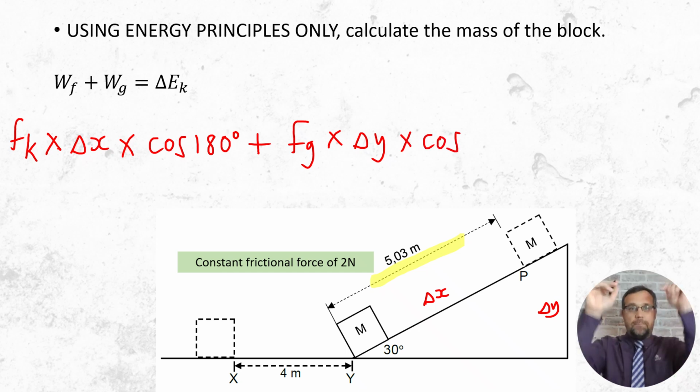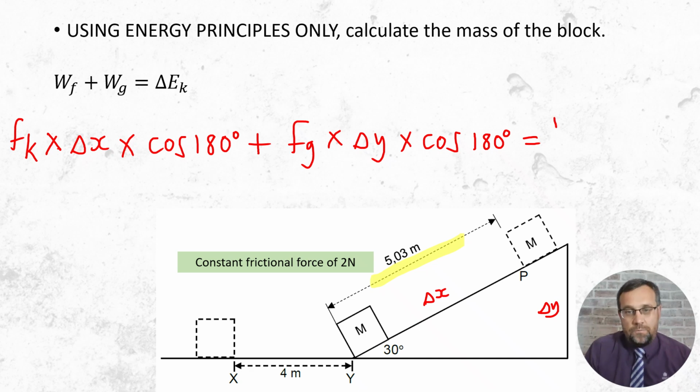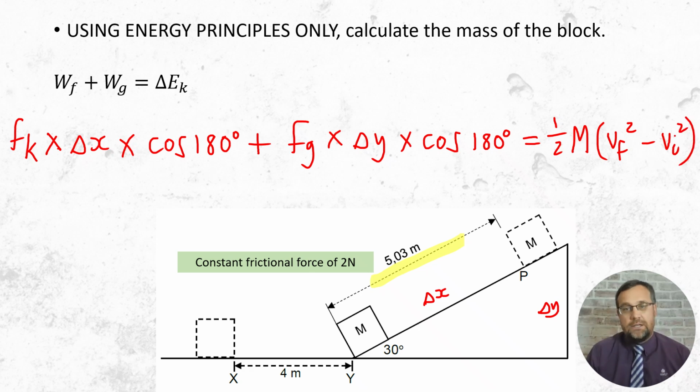The block goes up, gravity is down, so that is also 180 degrees, and that is equal to half times the mass of the block, that's capital letter M, final velocity squared minus initial velocity squared.